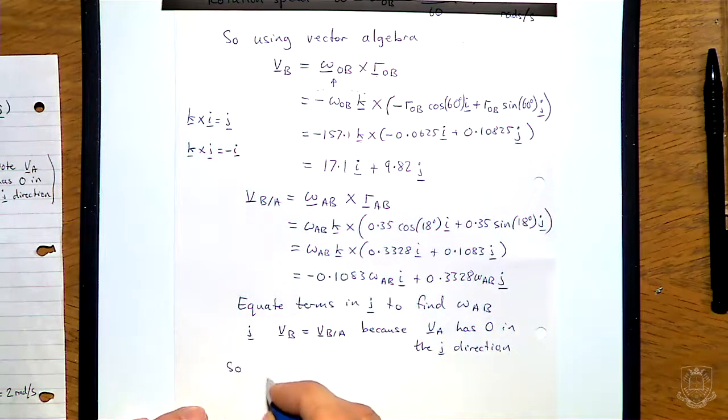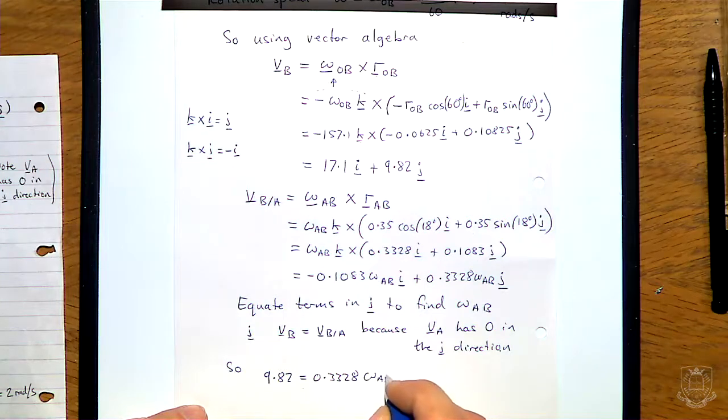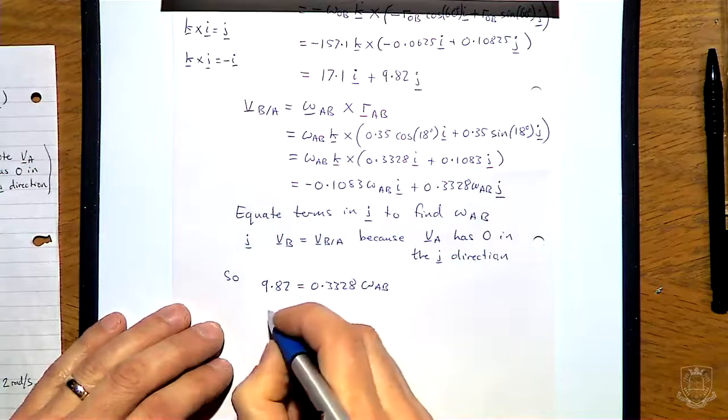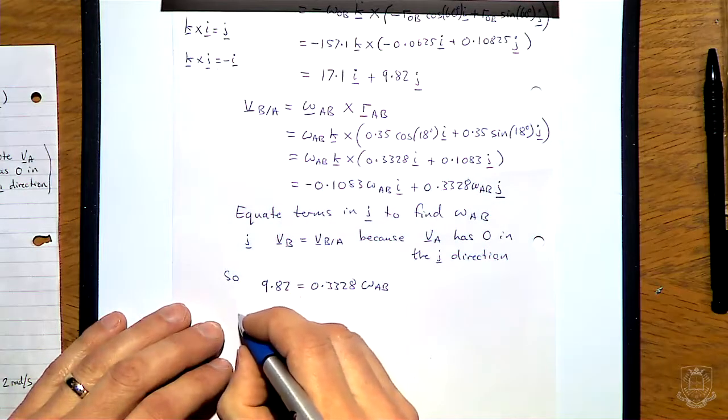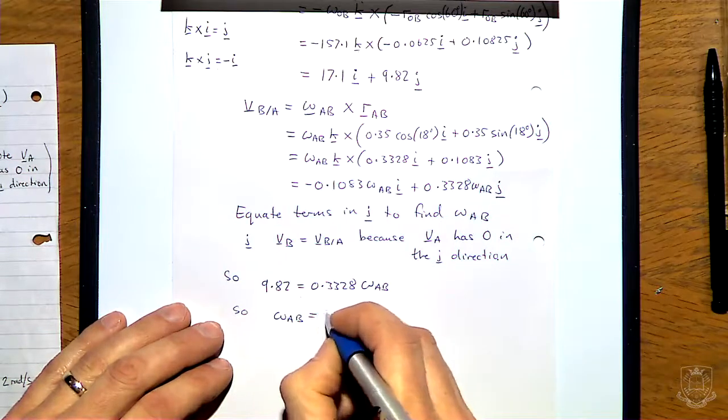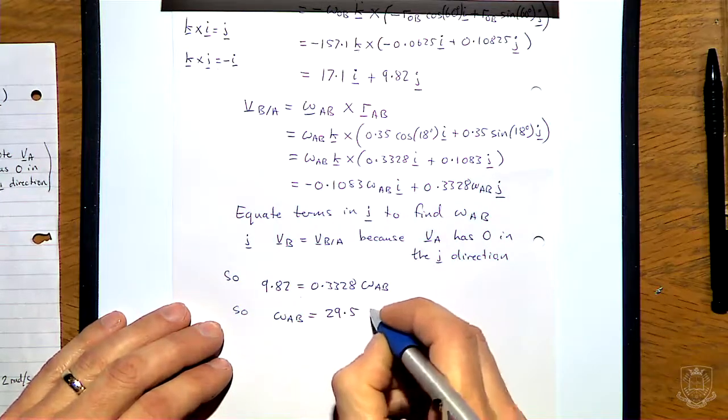And so, using my two expressions, I'll have 9.82 is equal to 0.3328 omega AB. And so omega AB is equal to 29.5 radians per second.